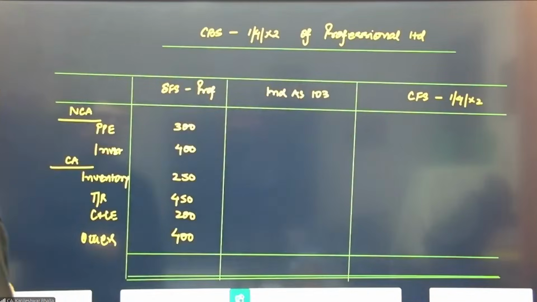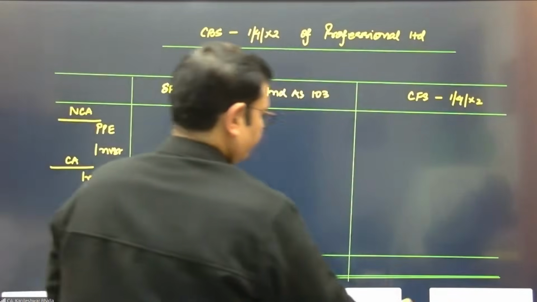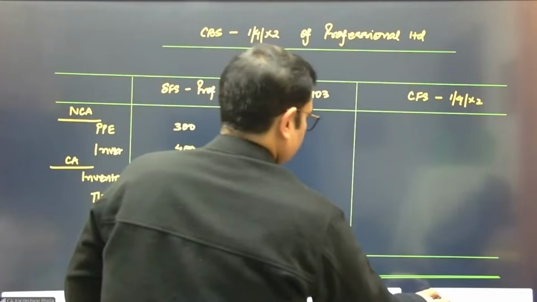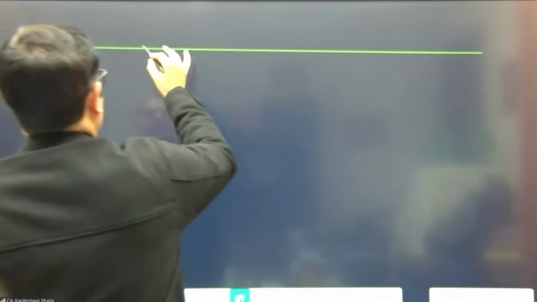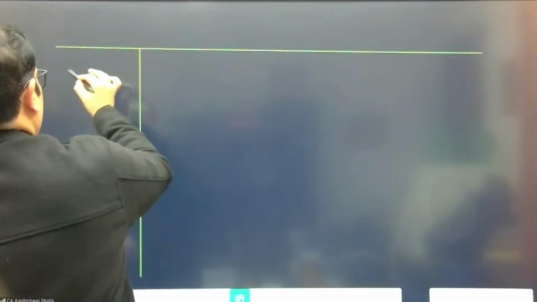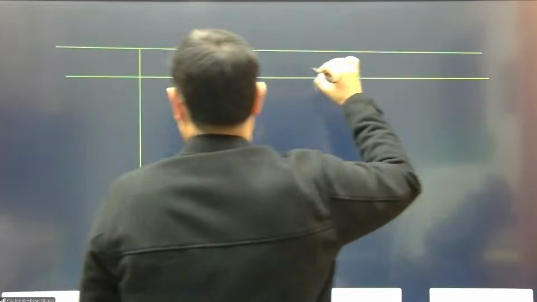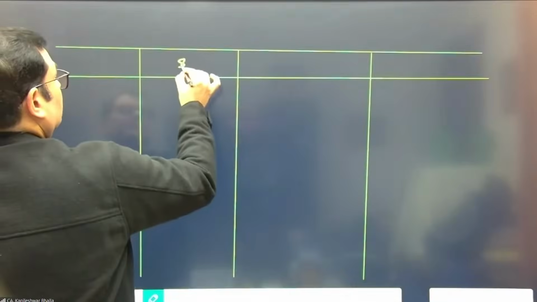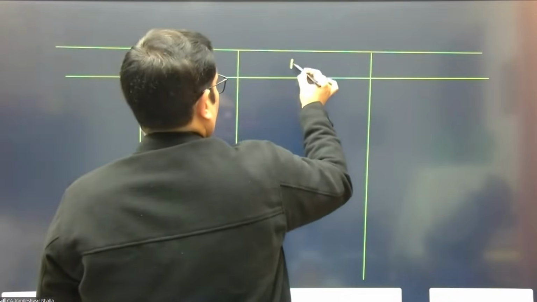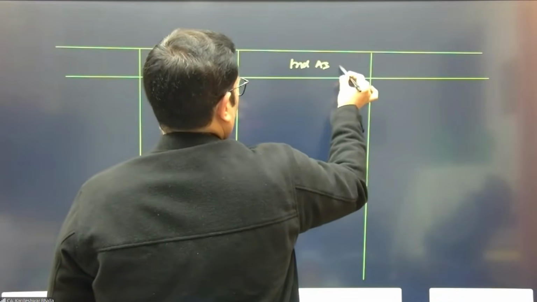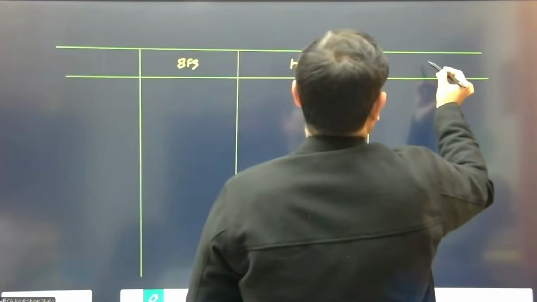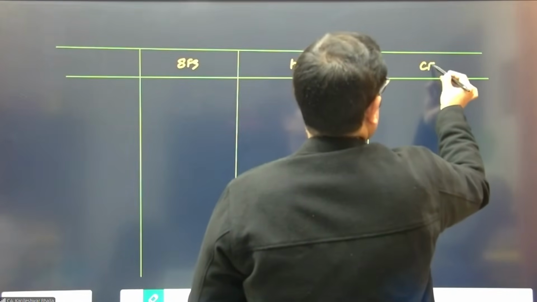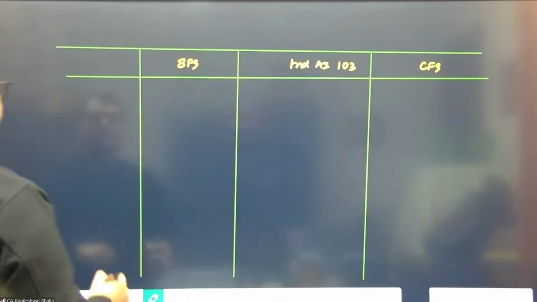In the same way, I'm going to create the liability side as well. So we'll take those four columns. One is the liability portion, and then we are also looking at the separate financials, the Ind AS 103 entry, and the consolidated financial statements.